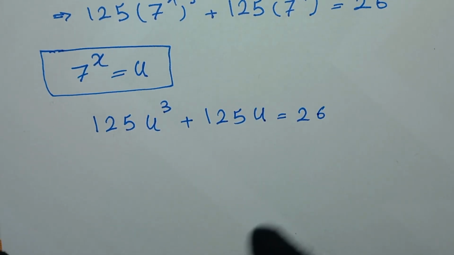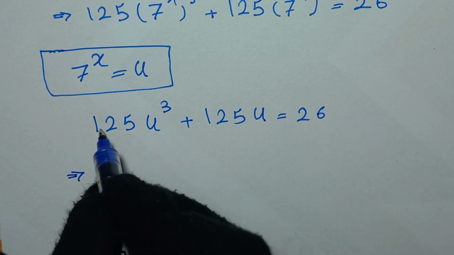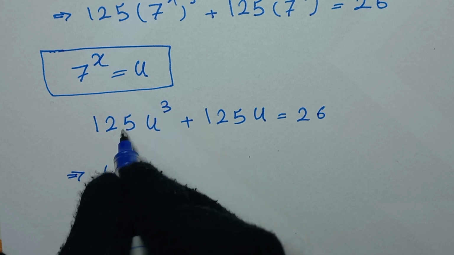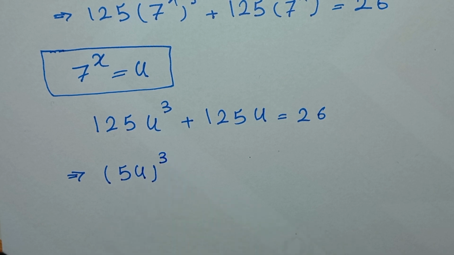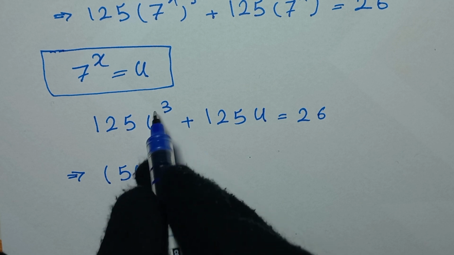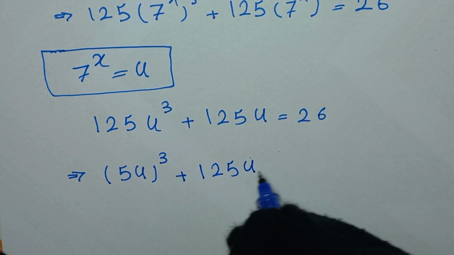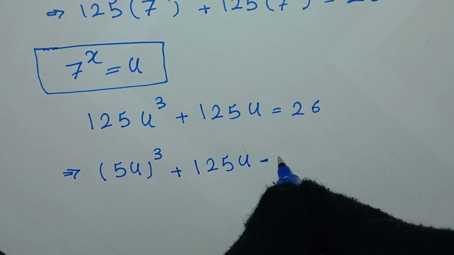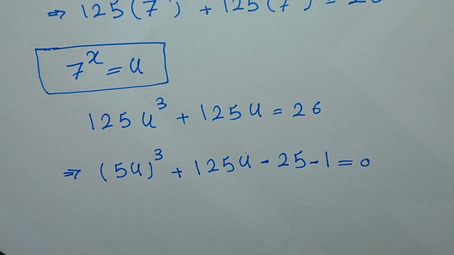And in the next step, we take this 26 to this side, and we write 125 times u cube, and here we can write 125 as 5 to the power of 3, right? 5 to the power of 3 will be 125, and u to the power of 3 is u cube, plus 125 times u, and minus 26, and we can write negative 26 as negative 25 minus 1, right, is equal to 0.